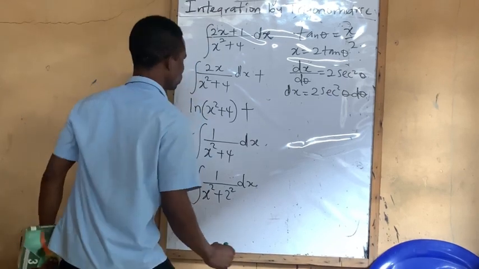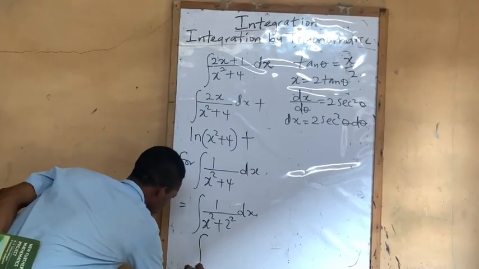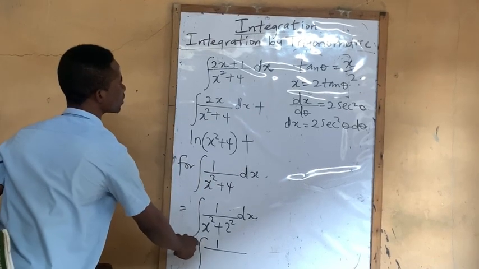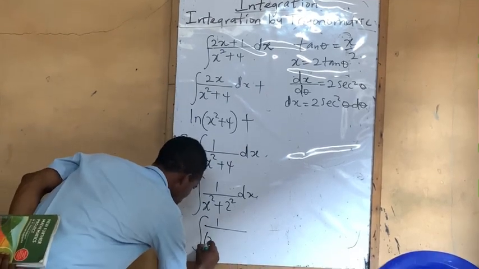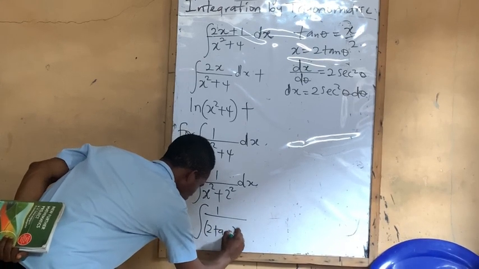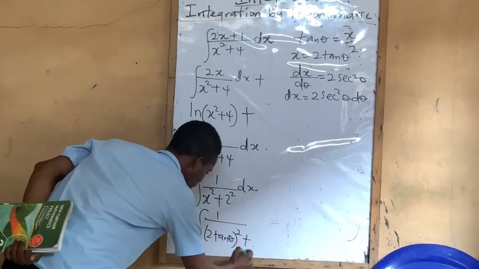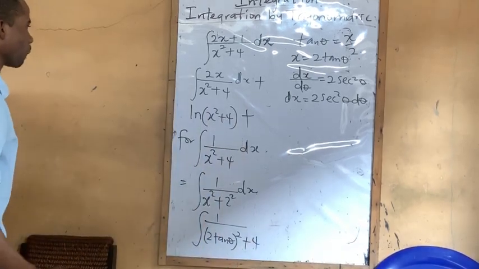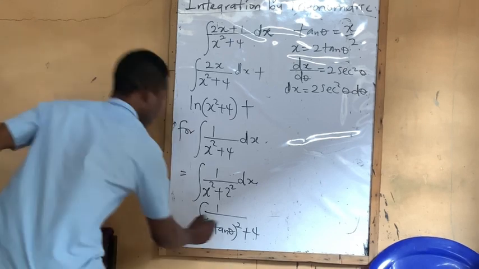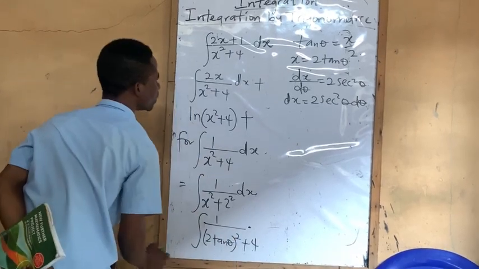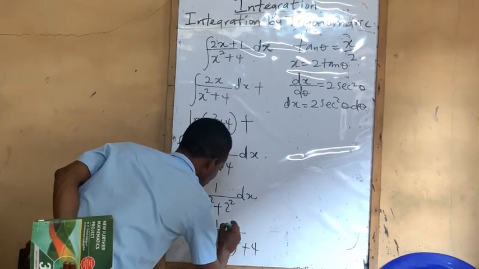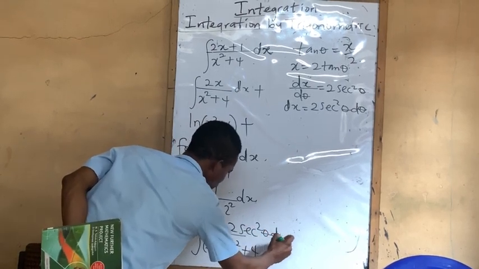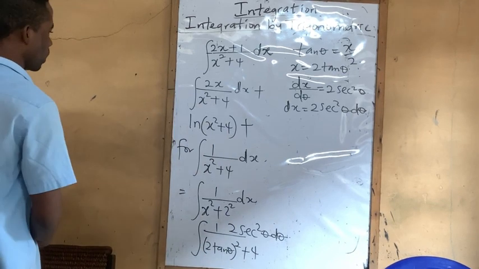So we have the integral of 1 all over, we have known our x is 2 tan theta, 2 tan theta squared plus 4. Now 2 squared is 4. And what's our dx? Our dx is 2 sec squared theta d theta.